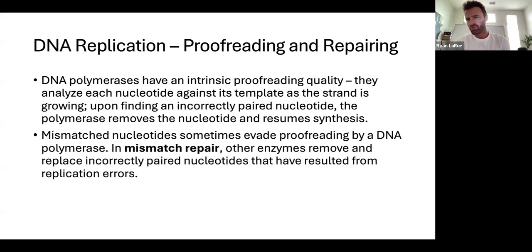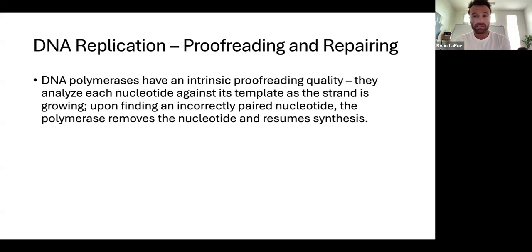Because again, we evolved this to prevent things like cancer, and mutations are almost always really harmful to the cell. A functional protein product can't be produced from that DNA, from the gene, if you have a harmful mutation there. We're going to talk a lot more about that process when we talk about the central dogma.